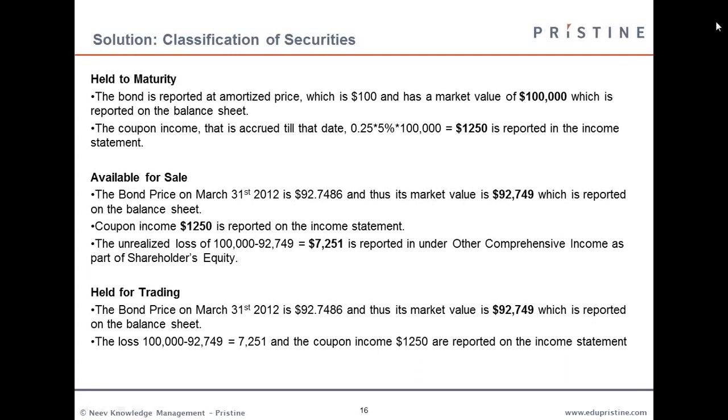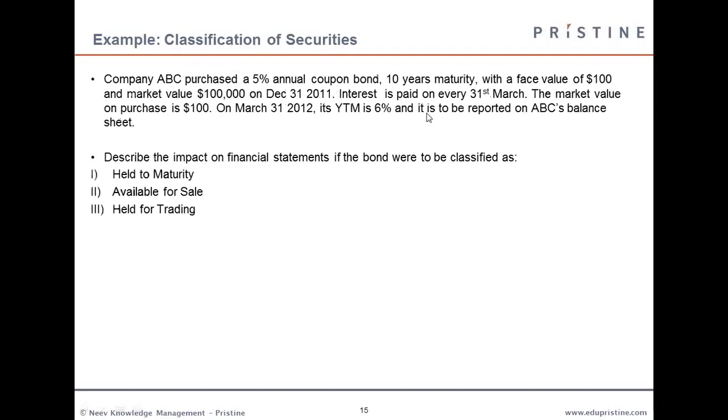So here's the solution. In case of held to maturity, the bond is reported at amortized price, which is the $100 as we saw in the question, which is given in the question here.